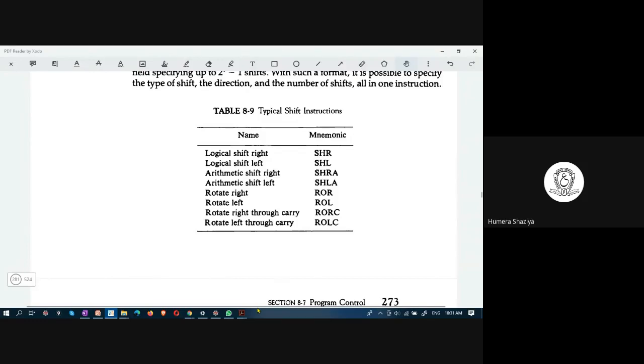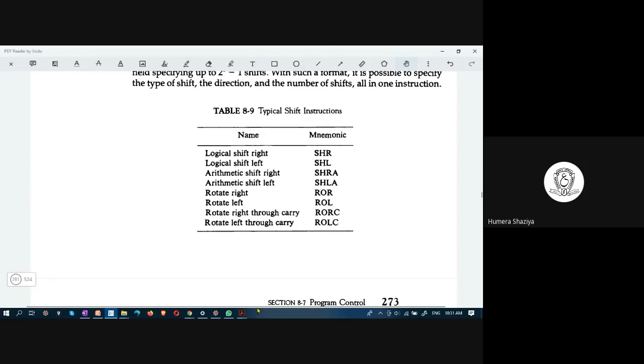These are typical shift instructions. Logical shift right, SHR. Logical shift left, SHL. Arithmetic shift right, SHRA. The mnemonic that was given was different in earlier chapter. Here it is different, but the essence is the same. It performs arithmetic shift right, arithmetic shift left, SHLA.